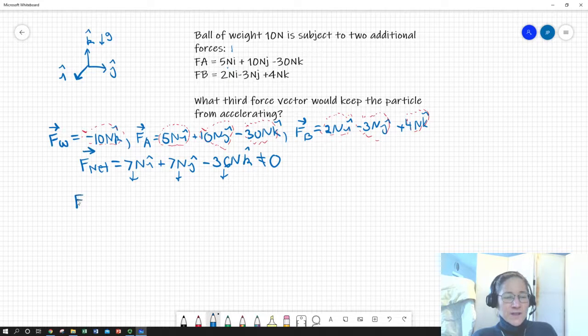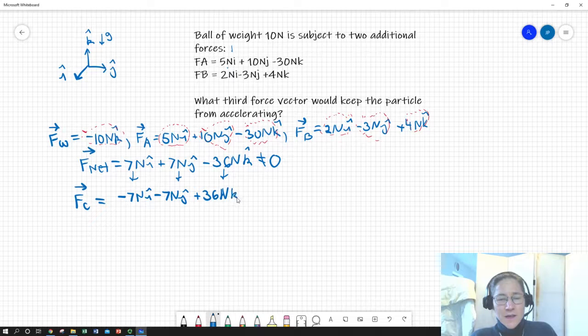We'd add an FC, call it, of negative 7 newtons in the I hat, minus 7 newtons in the J hat, plus 36 newtons in the K hat.